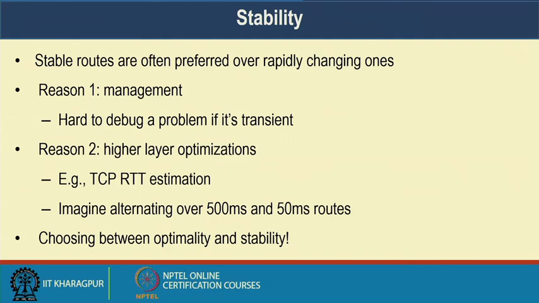But if I allow it to change every now and then when there is a change, it is more optimal, but the stability is hampered, and that may cause other issues. So, there should be some way of optimizing this. That is why, when we talk about performance analysis of the network and several other metrics, we try to look at what amount of stability and optimality we are looking for.